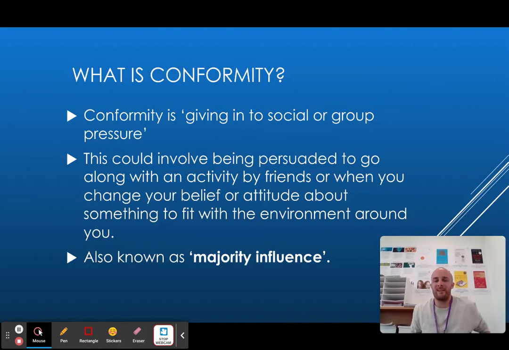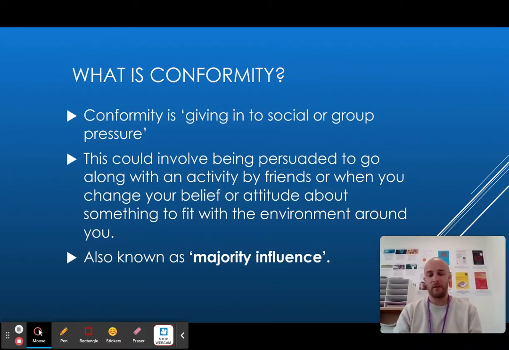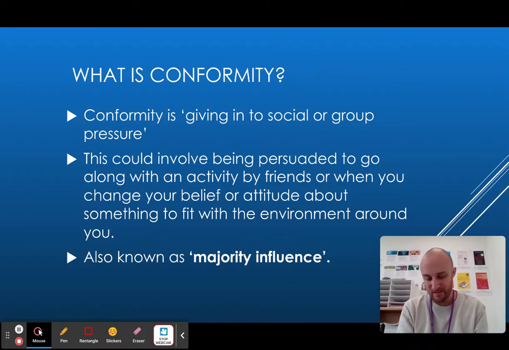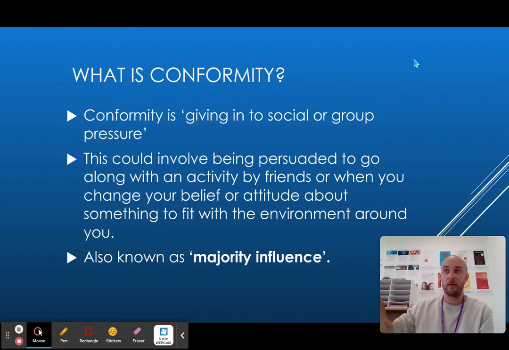What we're talking about is known as majority influence, i.e., you are influenced by the bigger majority in this case. We look at majority influence and we look at minority influence. Majority influence is when you give in because the bigger group has influenced you to do so.